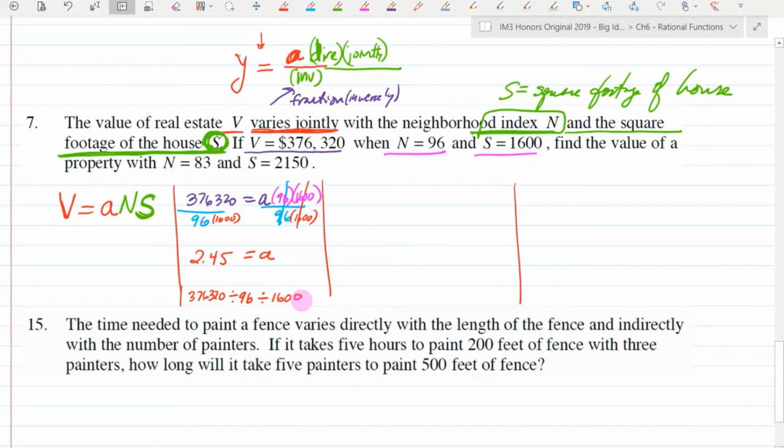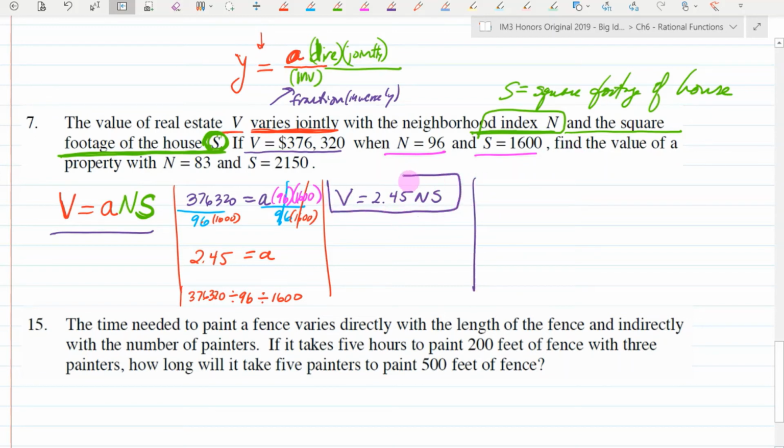All right. Now, the third column is always the first column with A filled in. So that's the formula. Third column is always the formula. Last column is where you solve what they want you to find. So find the value of a property with this stuff. All right, so we use the formula.